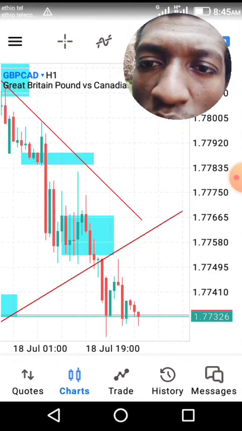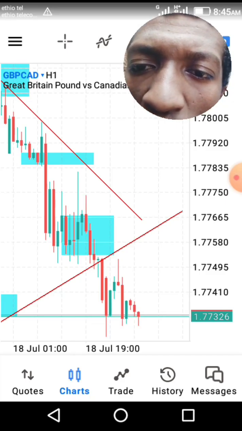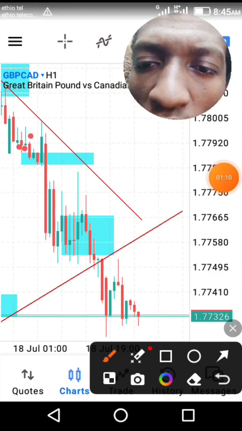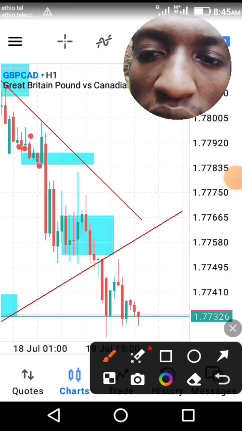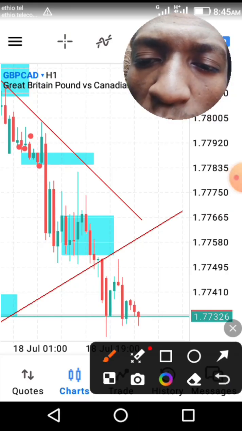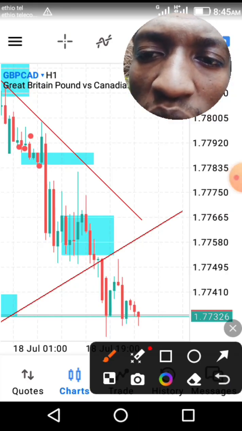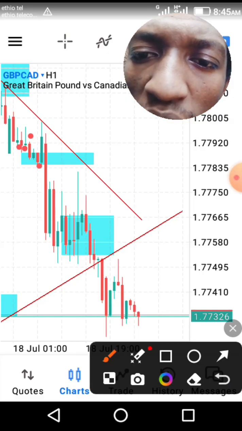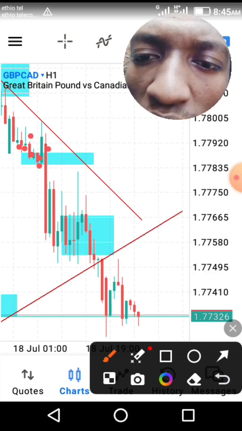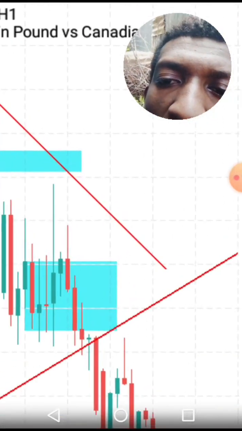Then next we'll see pound cut, and find me a black box first. As you can see, we have a black box here. Then we tried to break, but we didn't, so it is okay. Then what happened? We have this 3, so we buy that one.